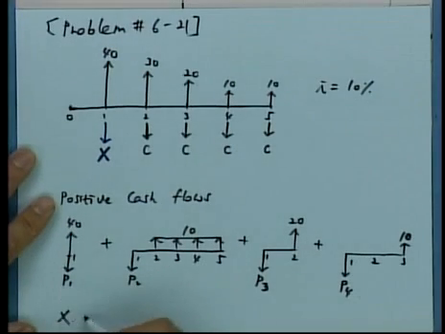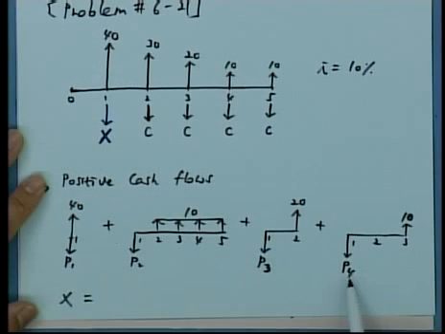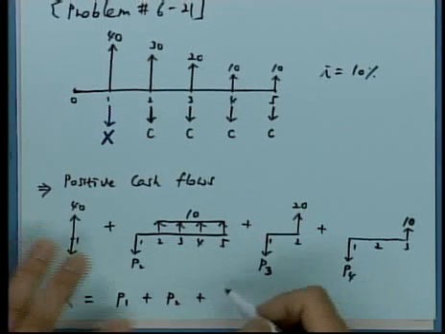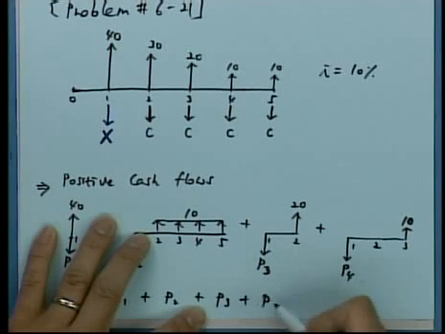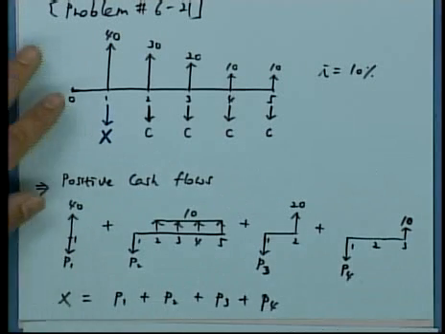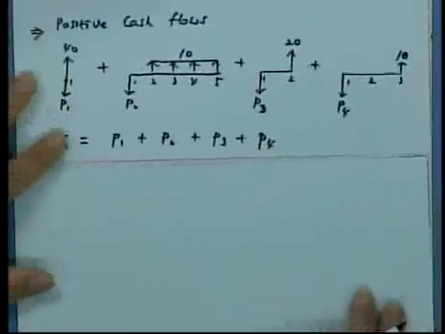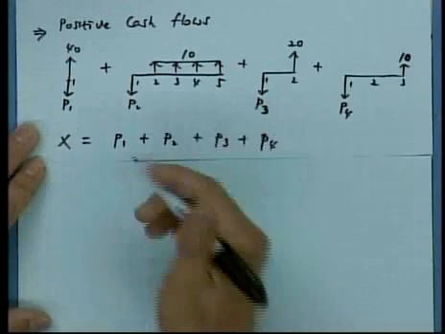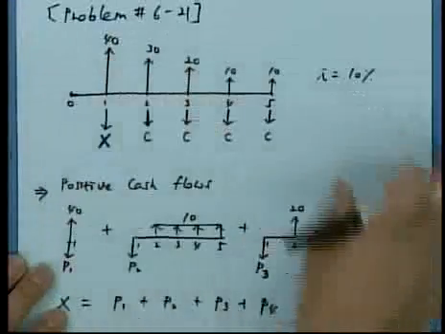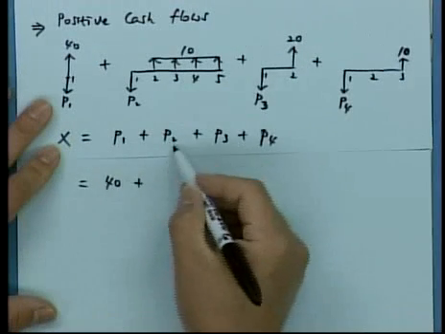So obviously x can be obtained by summation of P1, P2, P3, P4, right? So how do you get P1? It's just 40, right? How about P2?